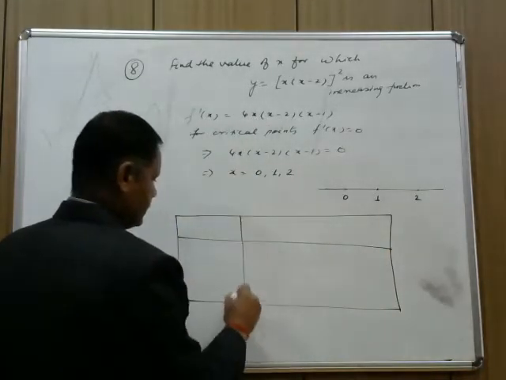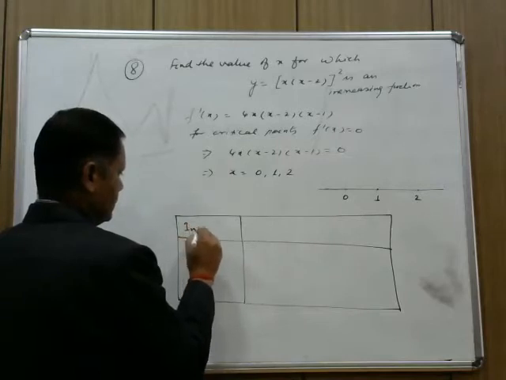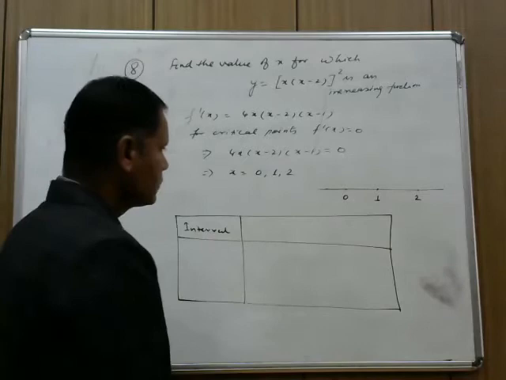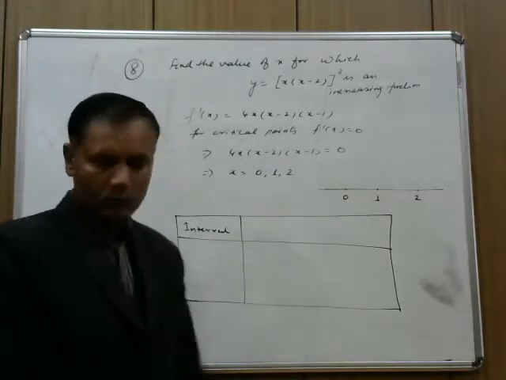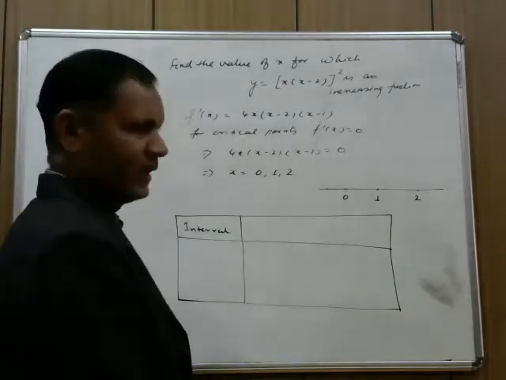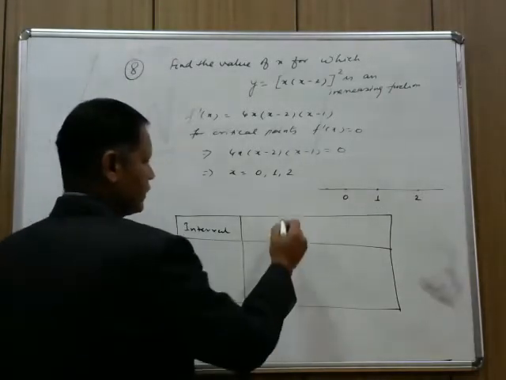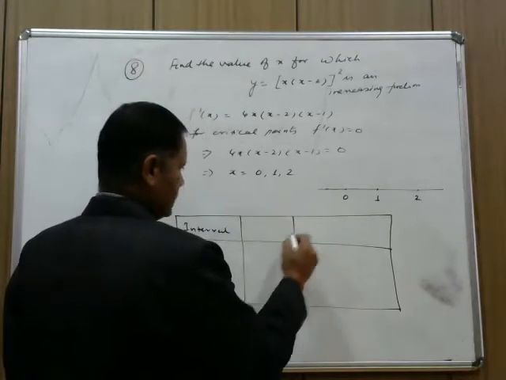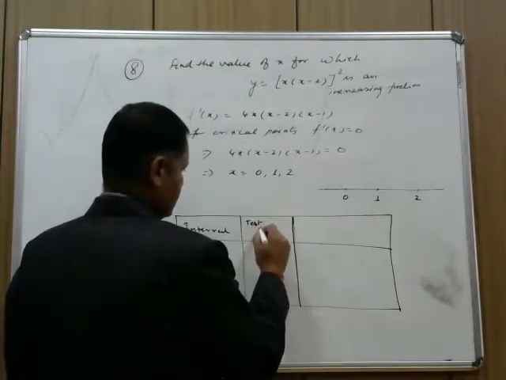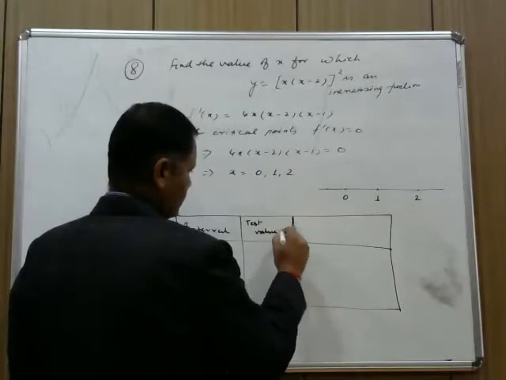First of all, the interval we will write, in which interval I am talking about. Then the second column we will write for the testing value, for which value I am going to test. Test value.